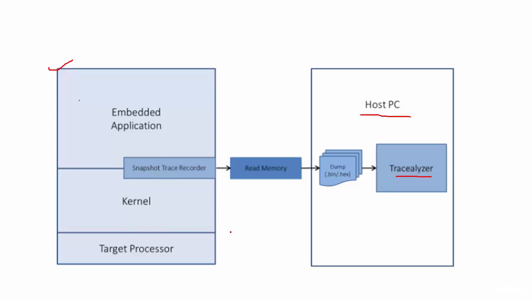Now the Tracealyzer guys will be giving one library, which we call the Tracealyzer recorder library. That library you have to install along with your FreeRTOS kernel. It consists of one component called the snapshot trace recorder.